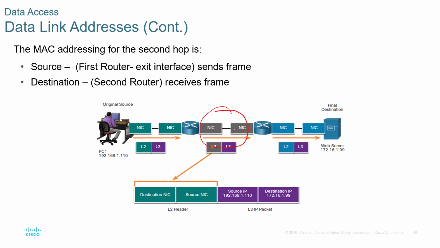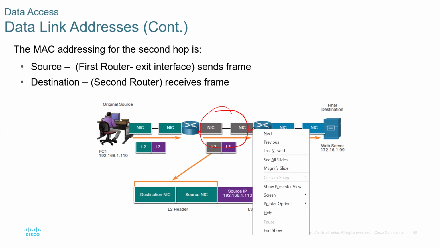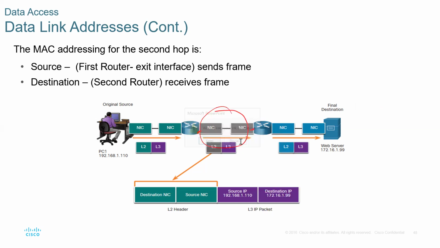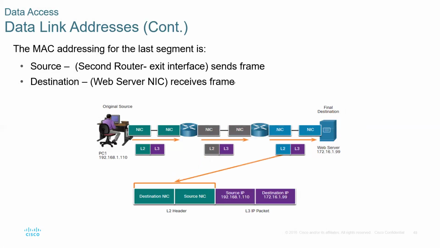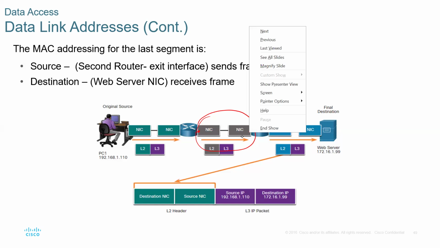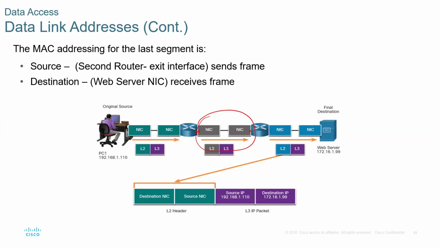The interface that is up and the interface that is up have IP addresses on the same network, and that is the reason why the two interfaces on the second router are on the same network and can communicate using MAC addresses.